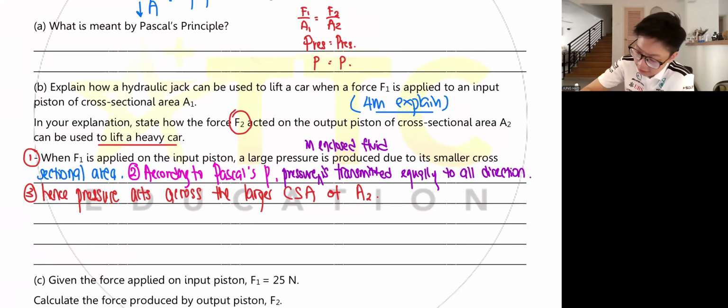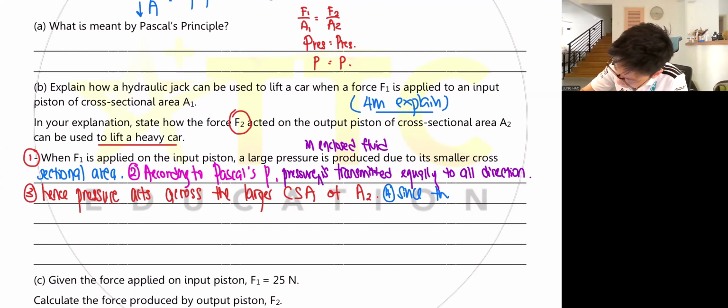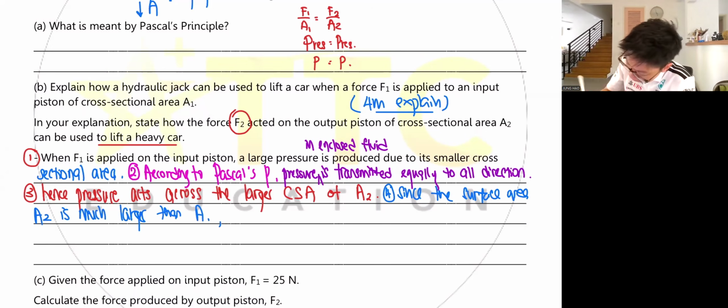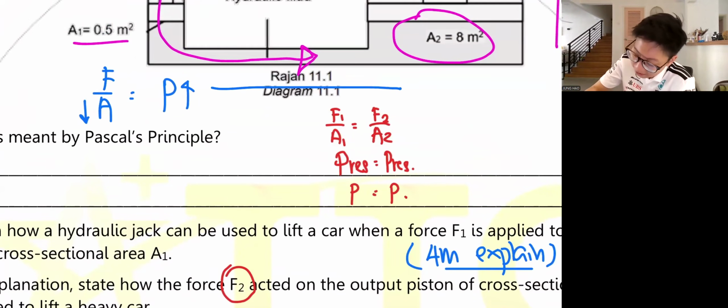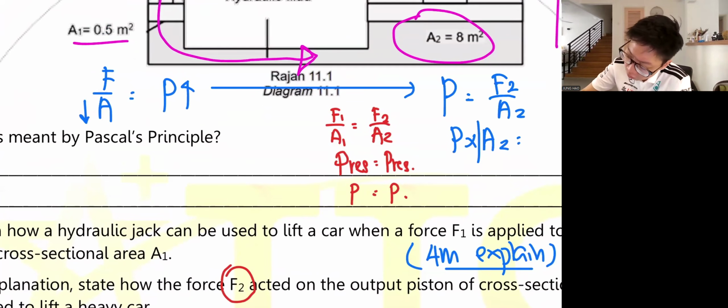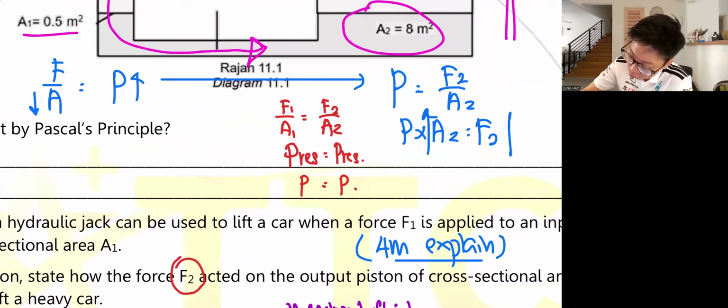Then after that, since the surface area A2 is much larger than A1. Because you see, now your pressure goes to this side already. So this pressure equals F2 over A2. If I multiply the same pressure by A2, and your A2 is very big, your F2 will be very big as well.